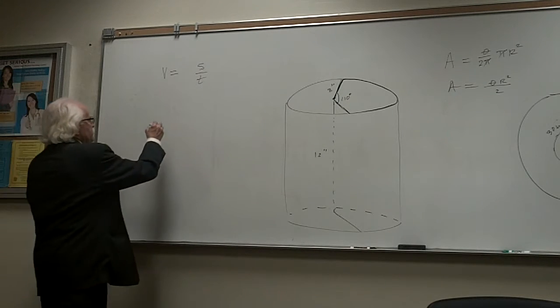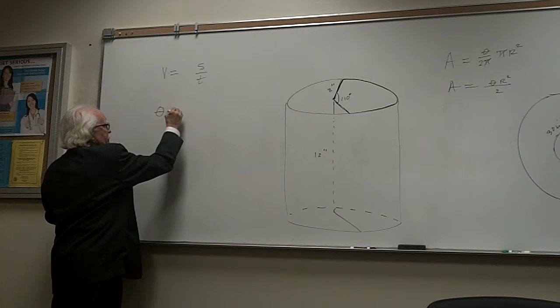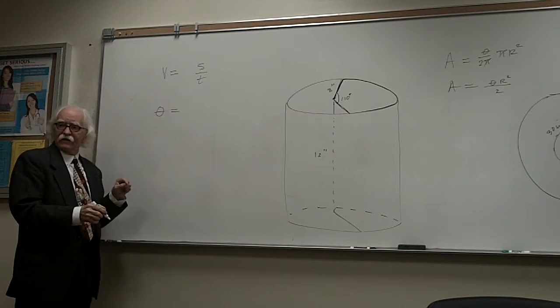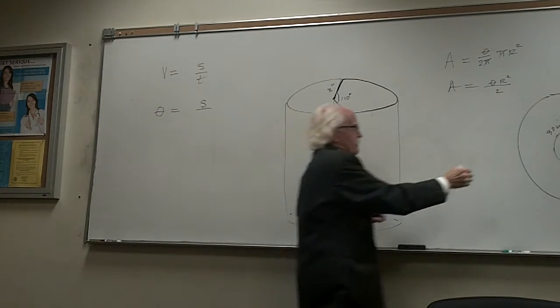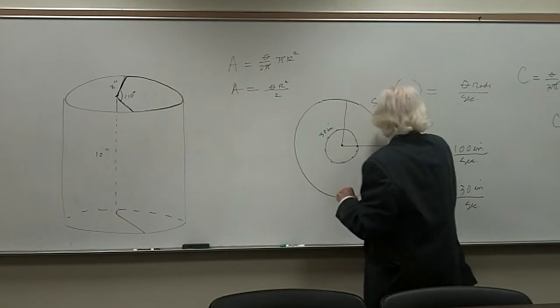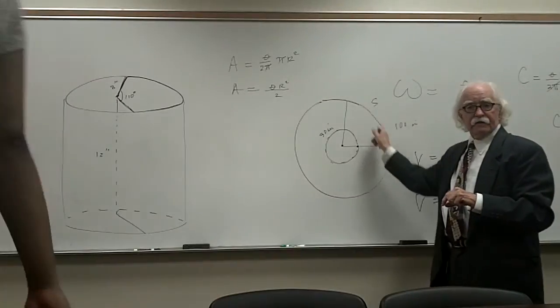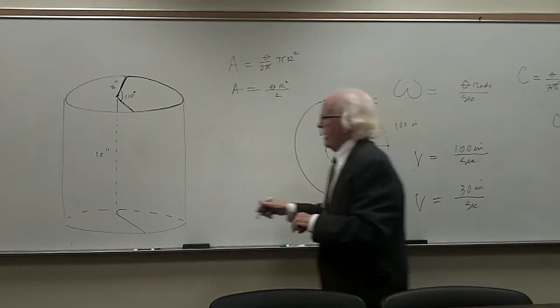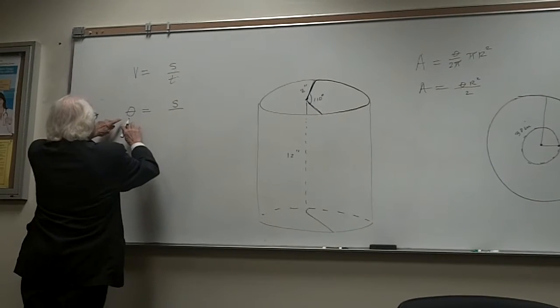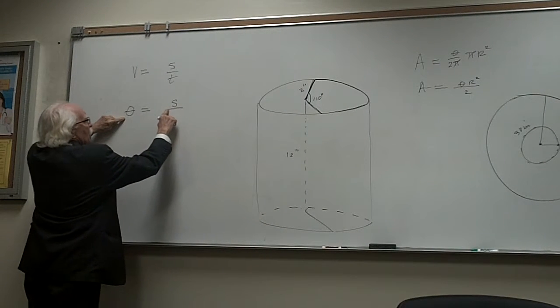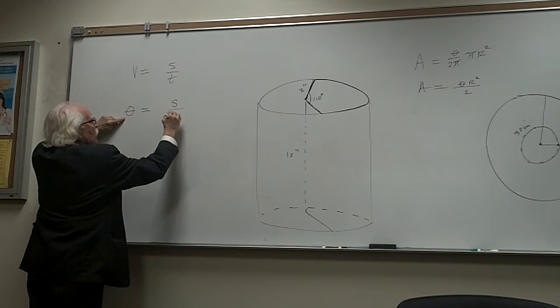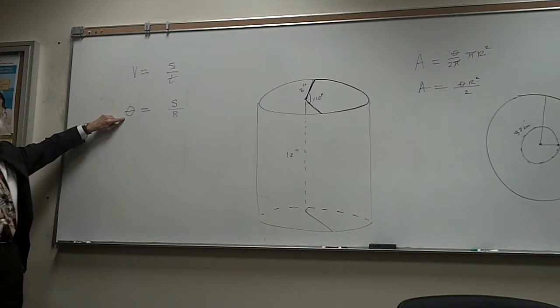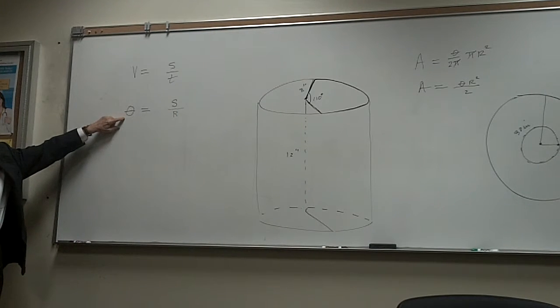We also know this, you all. We know that theta, this is in radians, is S. This is S, remember? Divided by R. I'll make a capital R. Is that right?